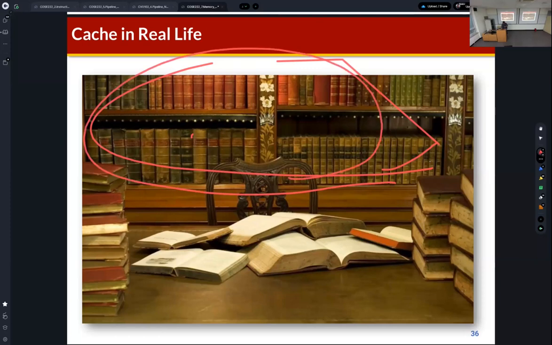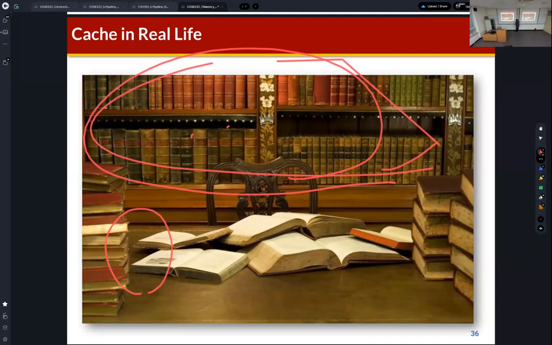We just focus on a smaller number of books when we study some subject or courses for the final exam. As you can see, the bookshelf is far from your desk, right?